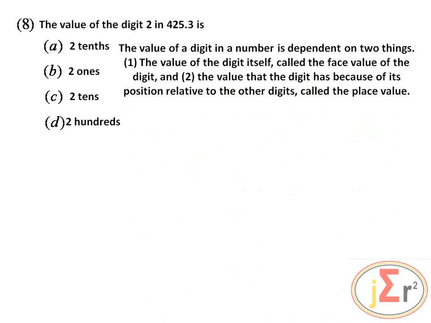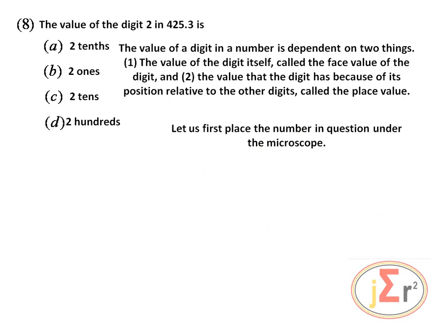The first one is the value of the digit itself, and that is called the face value of the digit. The second one is the value that the digit has because of its position relative to the other digits, called the place value. Let us first place the number in question under the microscope.